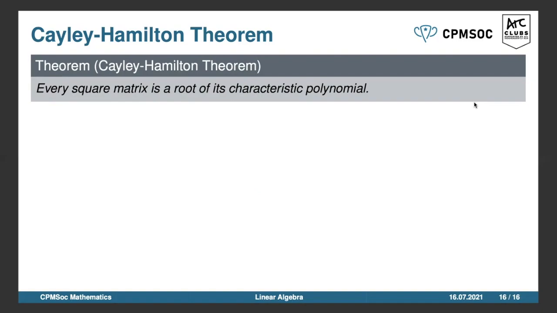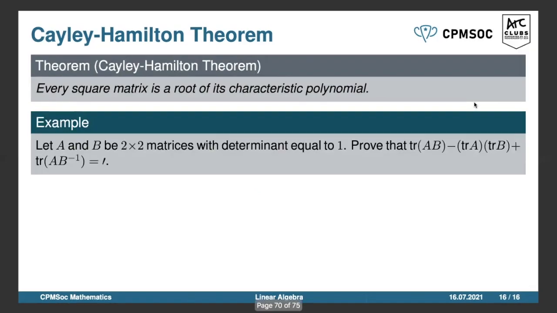And so if we plug a matrix into its characteristic polynomial, it feels very neat, very nice that it would be a root of that characteristic polynomial. And I'm not going to prove this, but I am going to show an example of this.